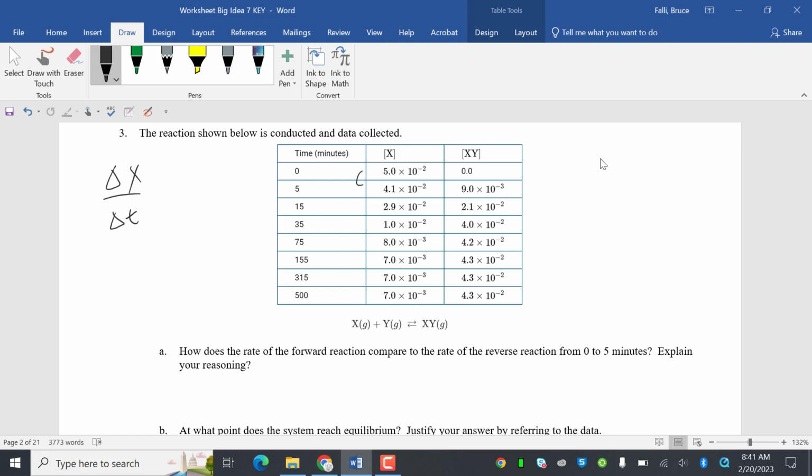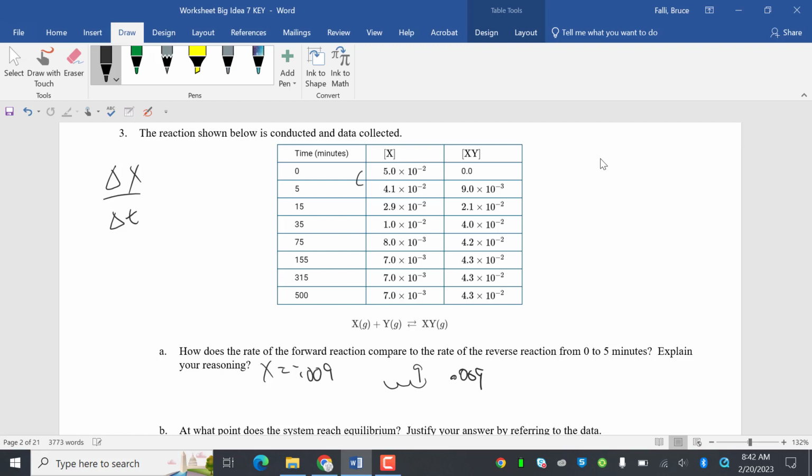E negative 2 minus 5, E negative 2, whoops, I put 52. So x is negative 0.009, and y is 9E negative 3.